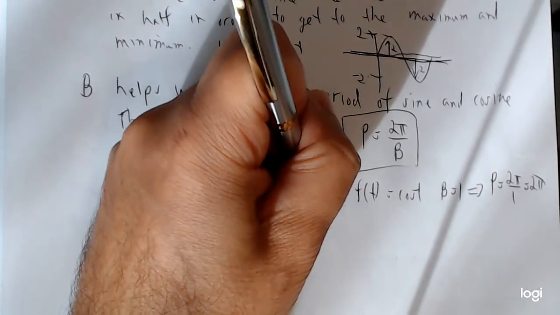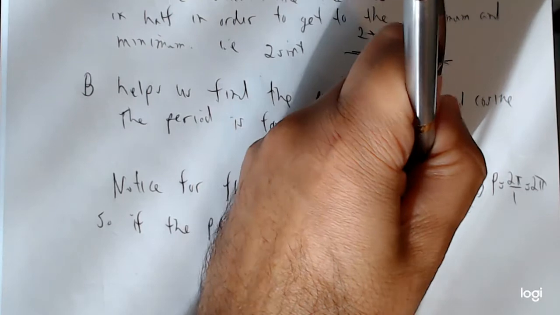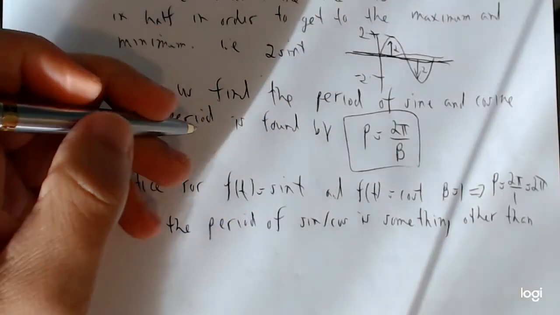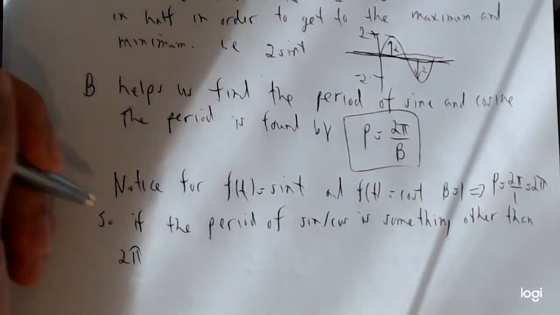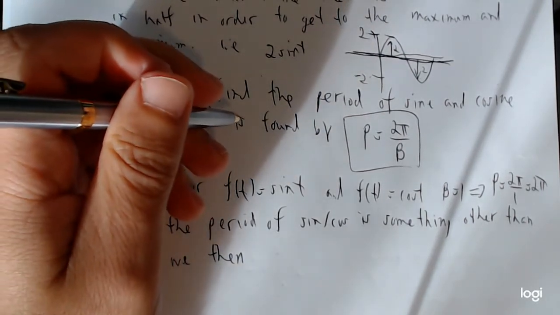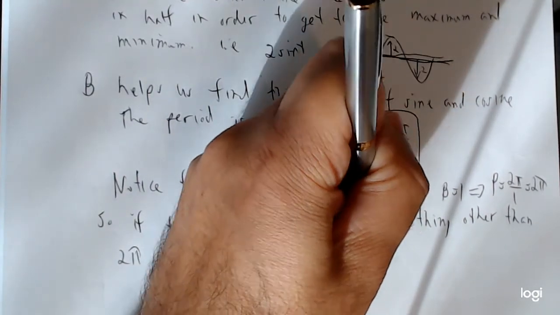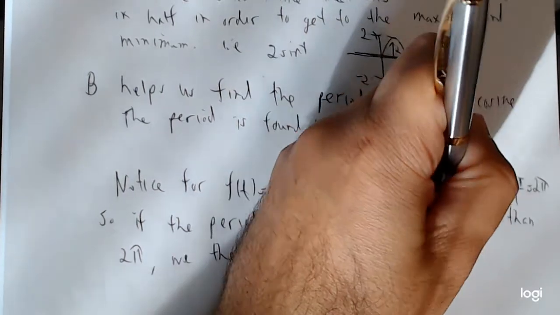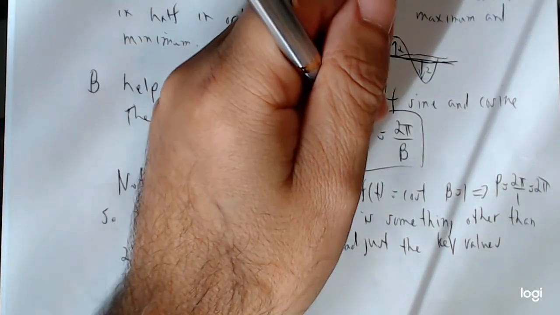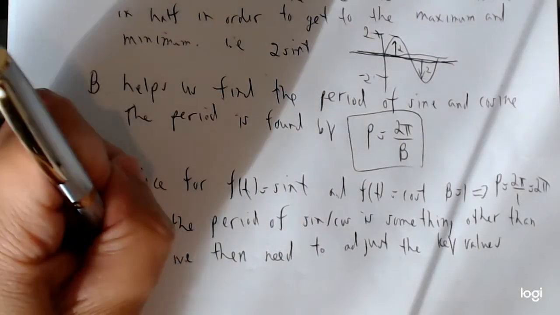Okay? So if the period of sine or cosine is something other than 2 pi, we then need to adjust the key values. And that's actually not difficult to do, I'll show you.